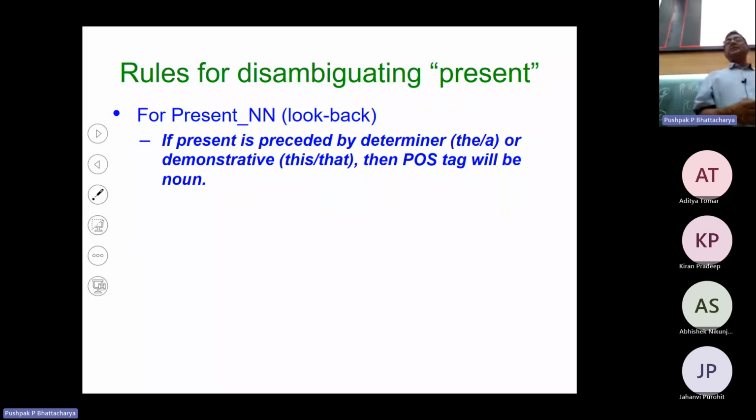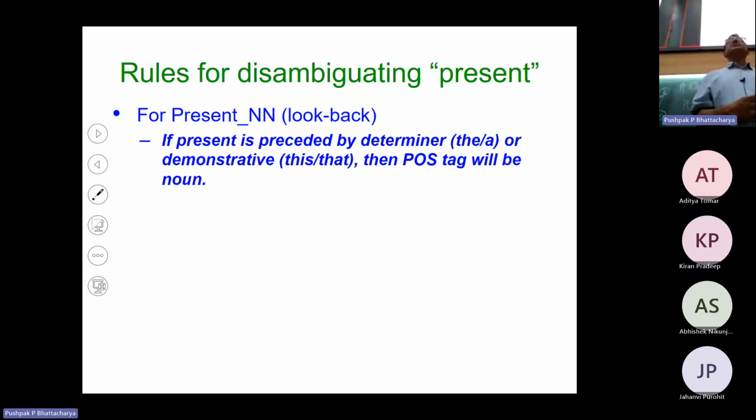Suppose I create this rule: if present is preceded by a determiner, the article a or demonstratives this, that, then the part-of-speech tag will be noun. This rule looks very intuitive, and seems to make sense: if a word is preceded by a determiner or a demonstrative, it has to be a noun.